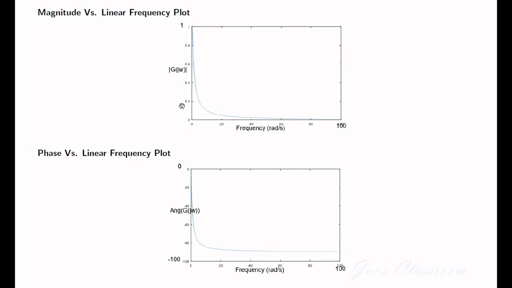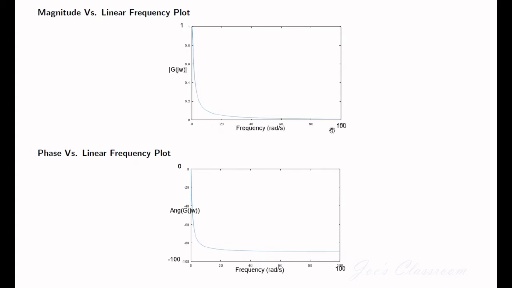So this is the first frequency response plot we are going to look at. Here the magnitude and the phase are plotted with respect to frequency on a linear scale. Both the angle and frequency are on the linear scale, and similarly the magnitude and frequency are also on the linear scale.